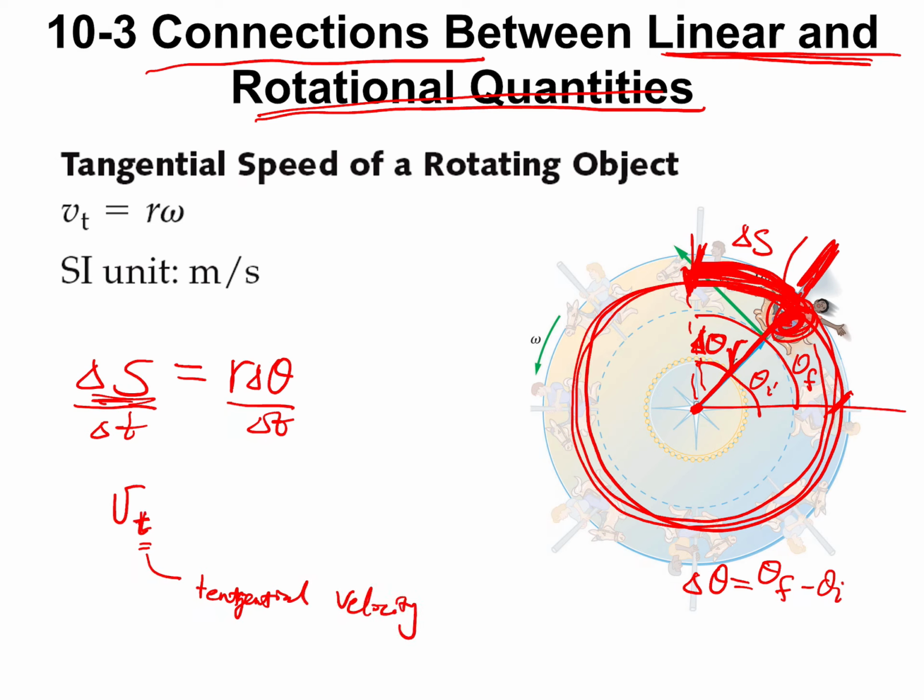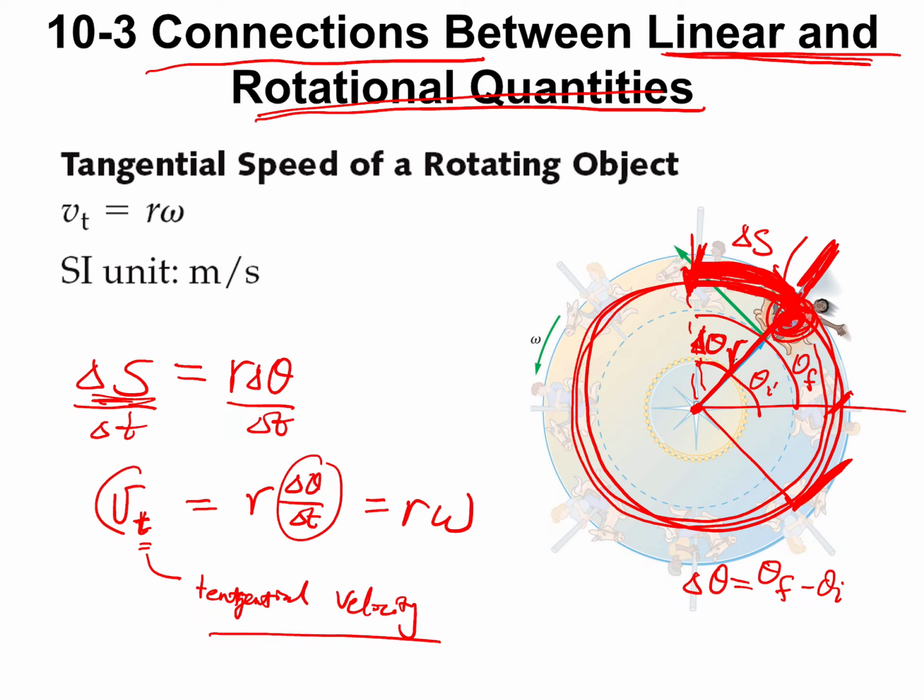This is the radial direction, and this is the tangent direction: velocity in the tangential direction. The right side is r delta theta over delta t. Delta theta over delta t is your angular velocity, so it equals r omega. We call that the linear velocity; linear velocity is linked with angular velocity by this equation.